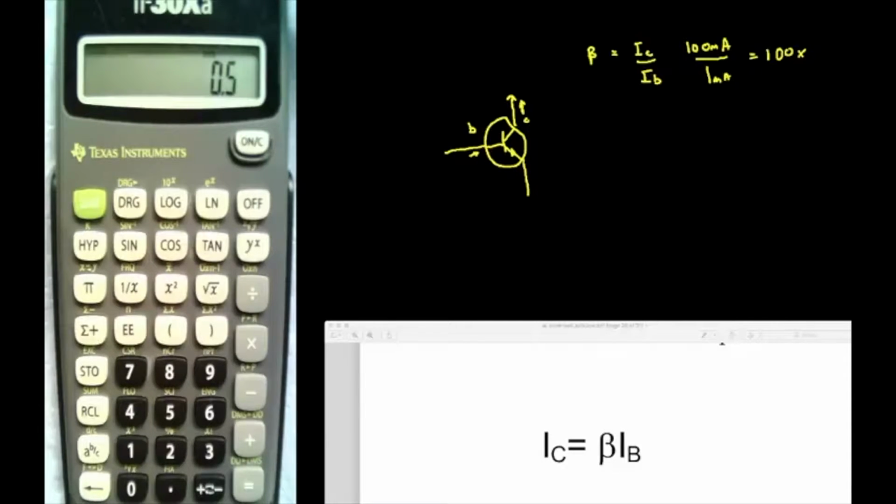They've rearranged that formula. They've said multiply both sides by IB. So then you've got beta IB is equal to IC. In other words, the collector current is equal to the base current times beta. So there you have it.